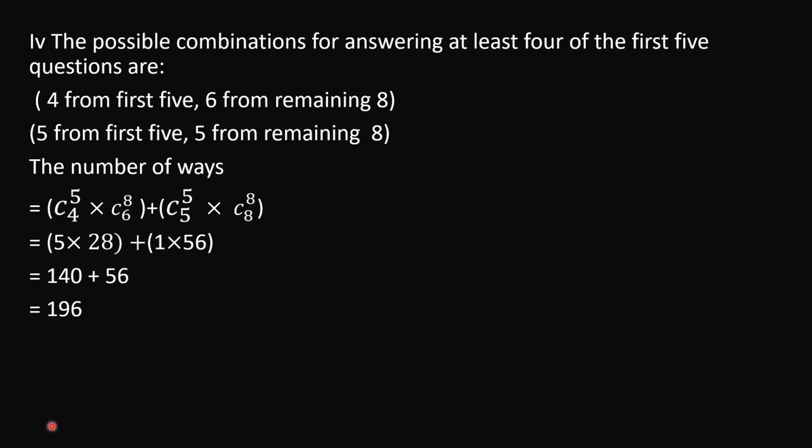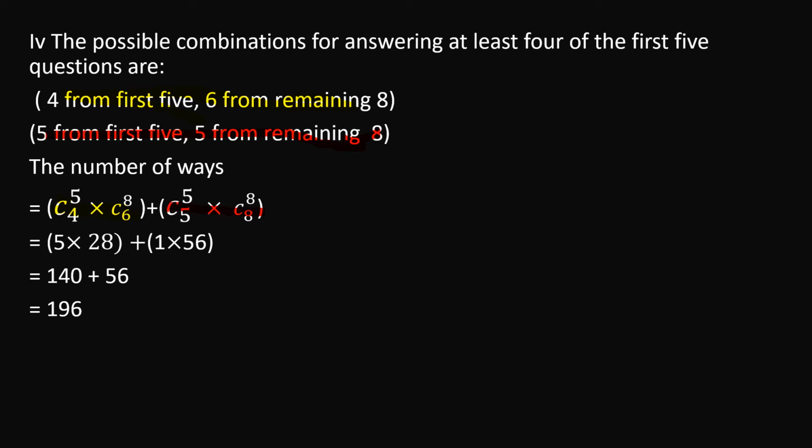So this part, let me just bring my highlighter so that we can see it very well. I have here this part, which is now this part, and I hope we can all see it. That is 4 questions from the first 5, and then 6 from the remaining 8, and then this part is from this part.